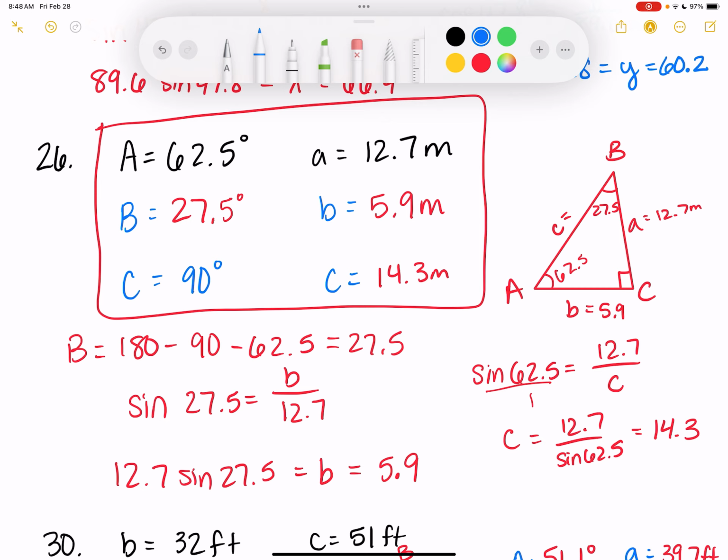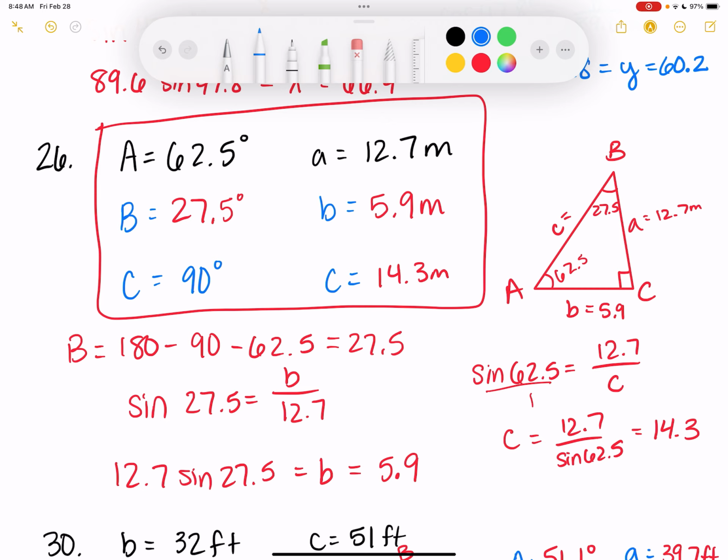Then, based on given information, I've either got to use tangent, which is opposite over adjacent, if I'm using angle B. And then to solve for C, I would have to use cosine, adjacent over hypotenuse. Or if I use angle A, again, it would still be tangent or, in this case, sine. So it just depends.